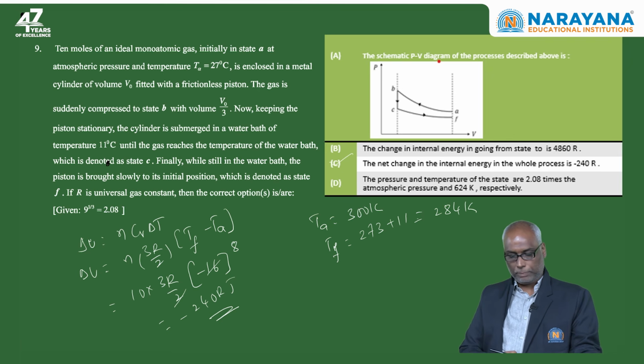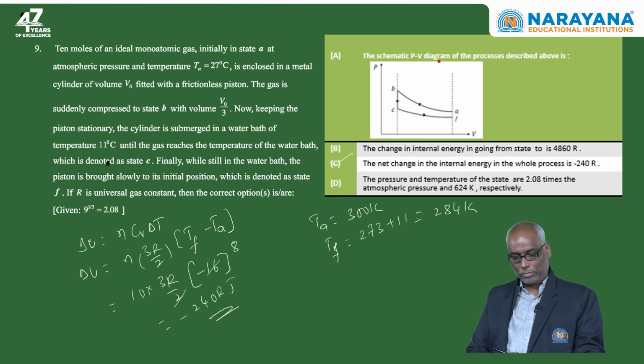And the last option: the pressure and temperature of the gas are 2.08 times the atmospheric pressure and 624 Kelvin respectively. So, the pressure and temperature of state B, I think it should be state B, they should find out.